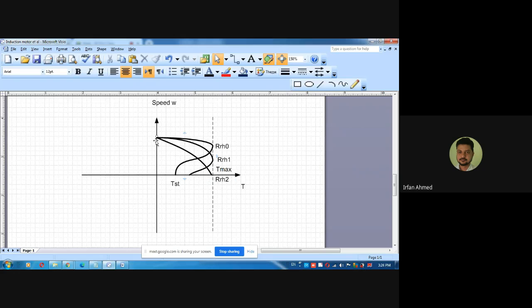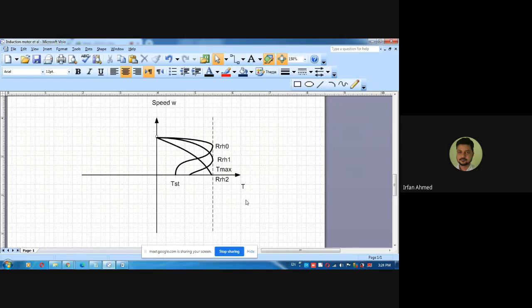This was the characteristic for the AC servo motor. How do you make an AC servo motor? What is the difference between AC servo motor and induction motor? This is the difference. The rotor resistance is high, so that you get linear operation in the entire working range from 0 up to rated speed.